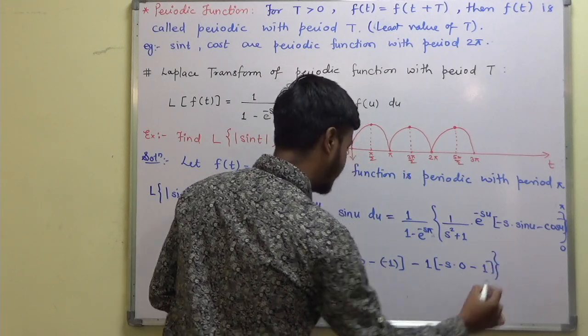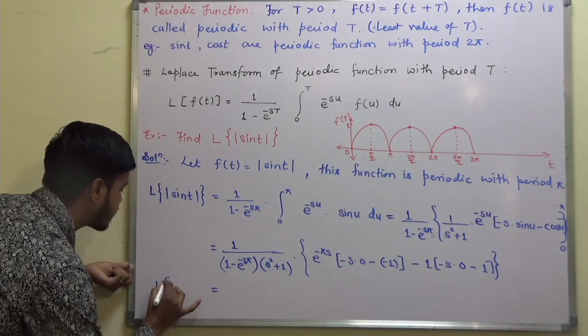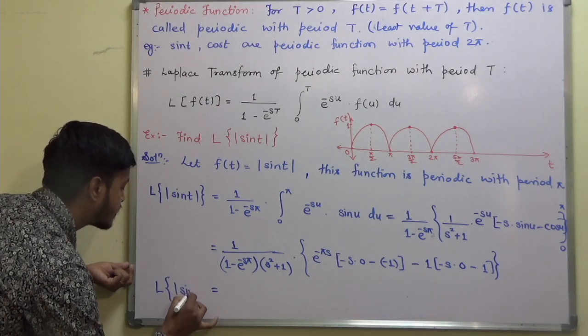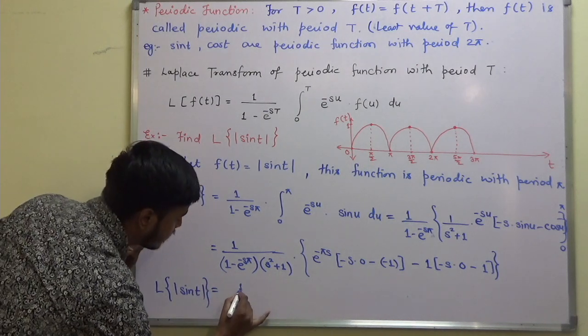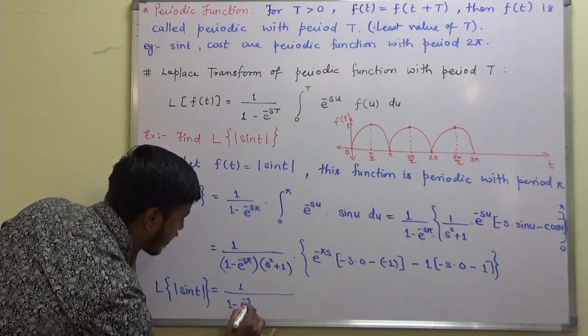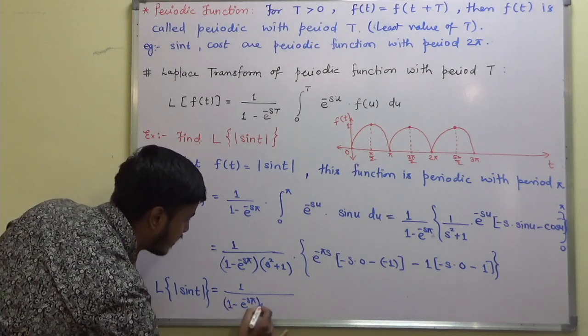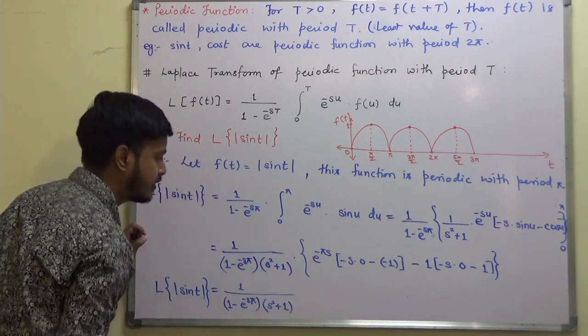So at last I am going to write the Laplace transform of mod of sine t is equal to 1 upon 1 minus e to the power minus s pi into s square plus 1.